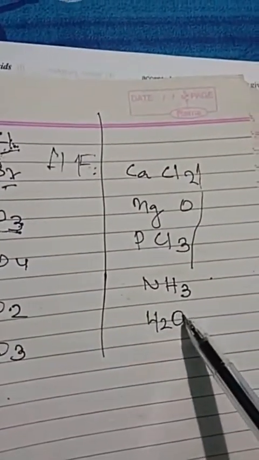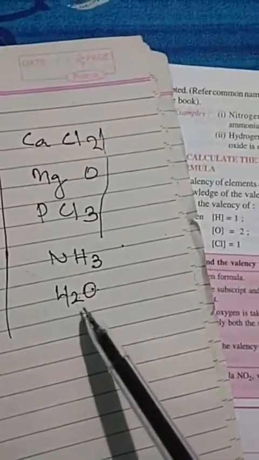According to the number of atoms, it should be nitrogen trihydride, but this is called ammonia. Similarly, it is 2 hydrogen 1 oxygen, its name should be dihydrogen monoxide, but we call it simply water.